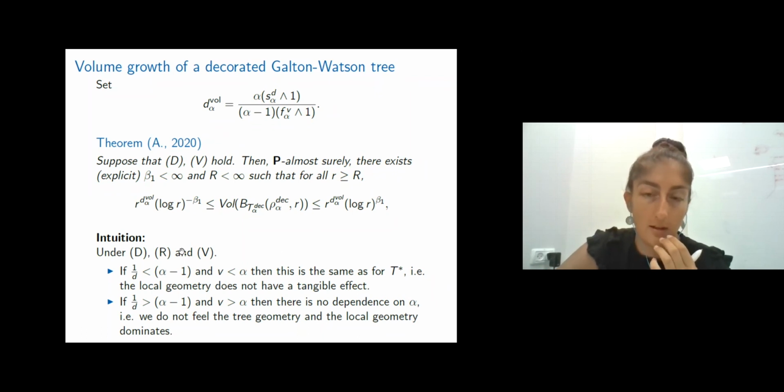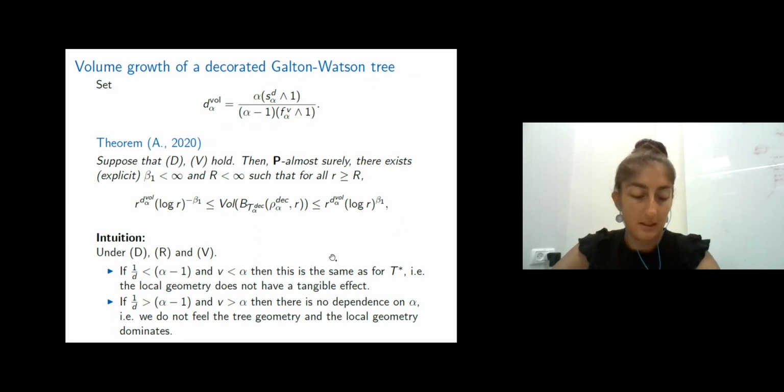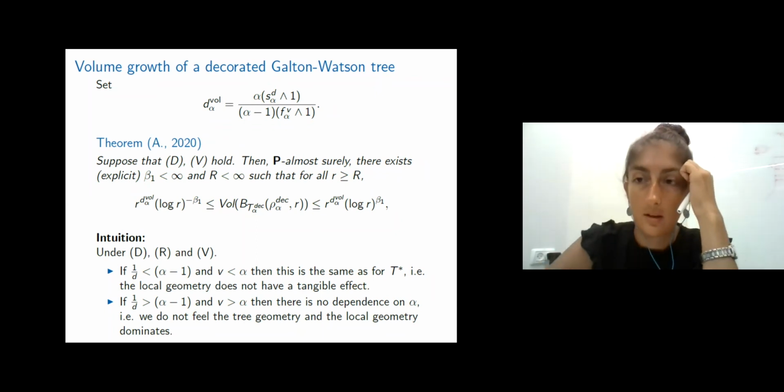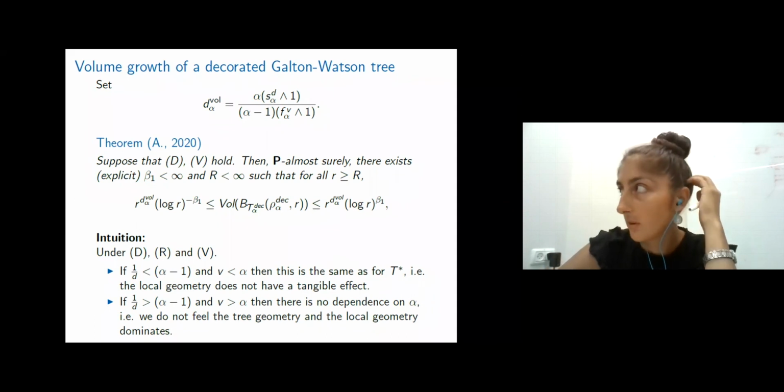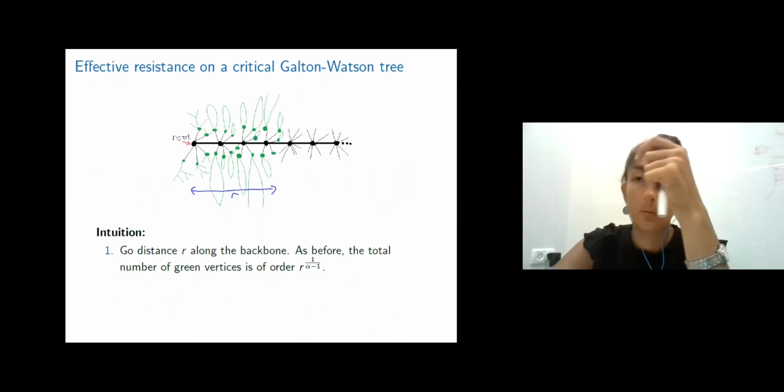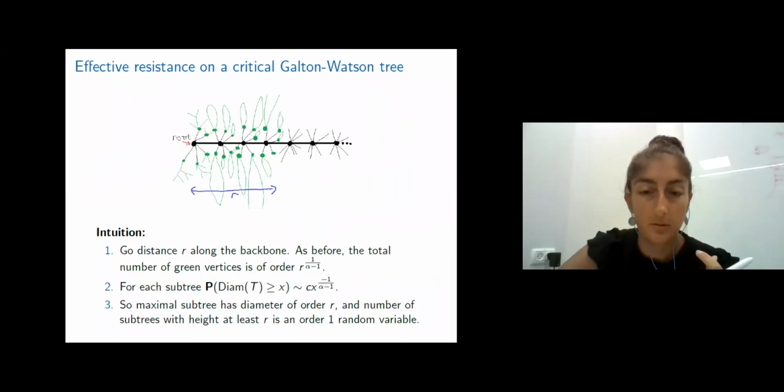And okay, so I said this before, basically you have these 2 regimes. You have a tree regime and a graph regime. Okay, so you can play the same game for resistance, and it's exactly the same argument. Maybe I can just repeat it quickly.